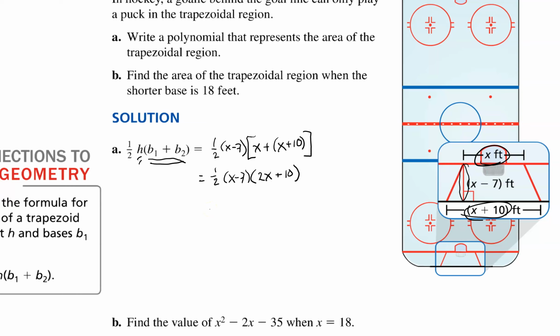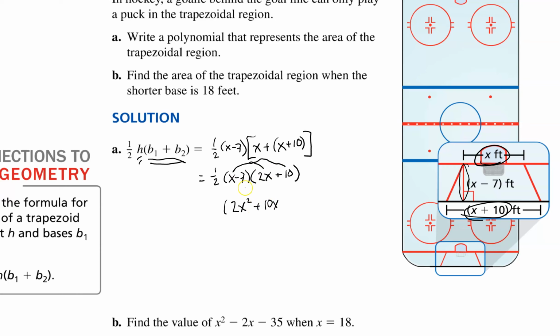I'm going to use the FOIL method with my little arrows. So x times 2x is 2x squared, and then x times plus 10 would be plus 10x.